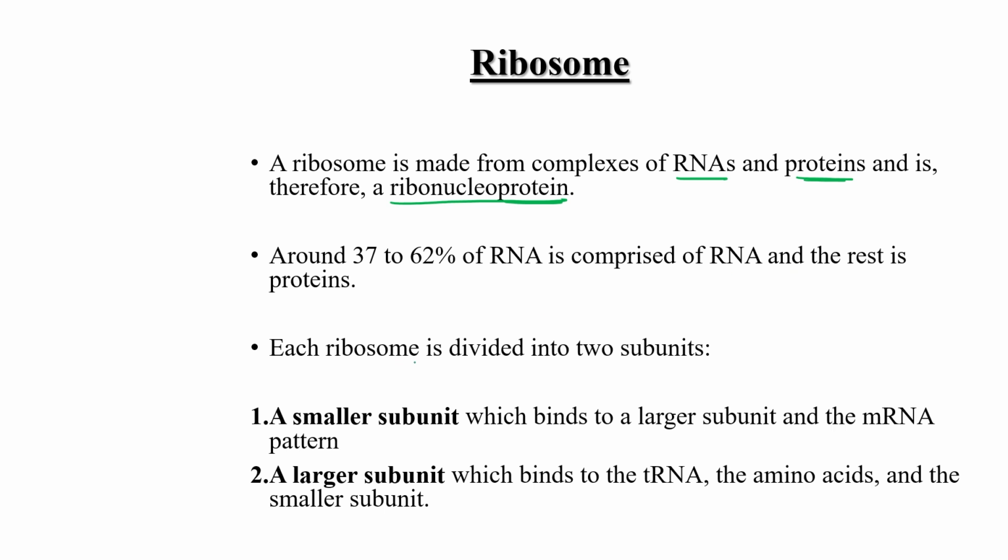Okay, each ribosome is divided into two subunits. This one is the big one and this one is the smaller one. This smaller subunit actually binds with the mRNA, while the larger subunit binds with the smaller subunit, the transfer RNA and the amino acids, right?